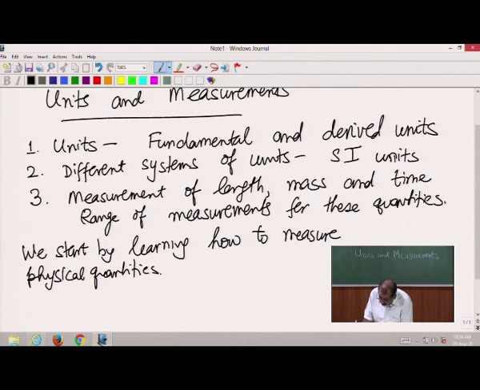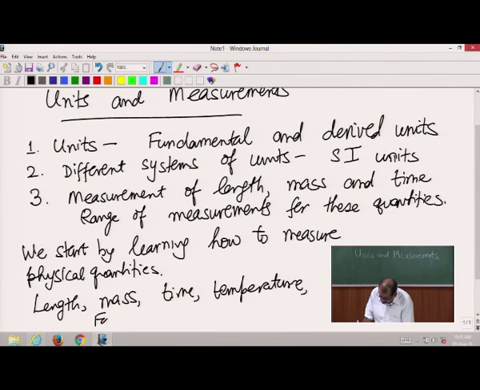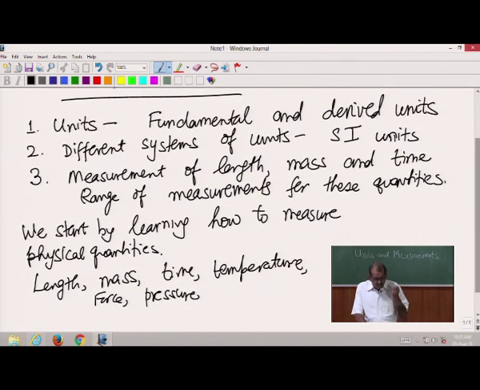Now, the physical quantities which we talk of, the quantities which are to be measured, include entities like length, mass, time, temperature, it could be force, pressure, and so these quantities we want to measure. It could be how fast an object is moving, so we will talk of speed.